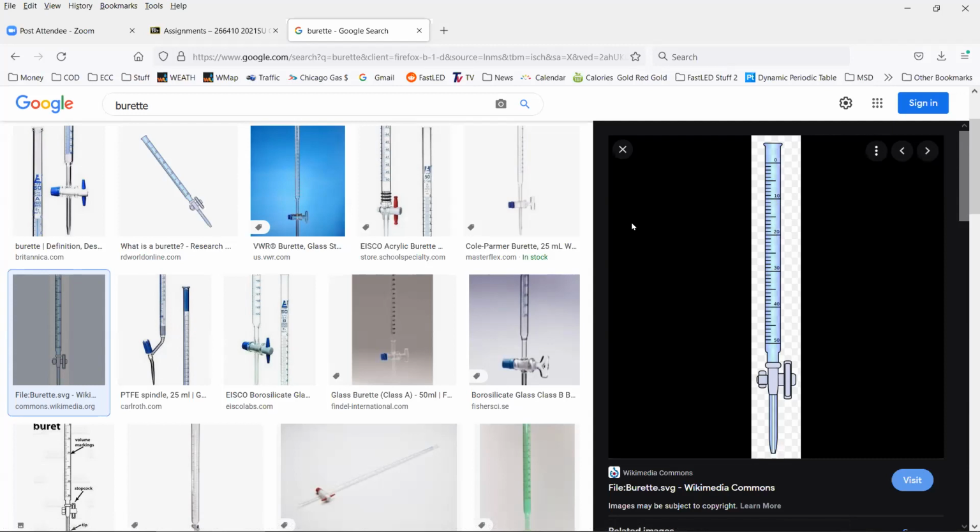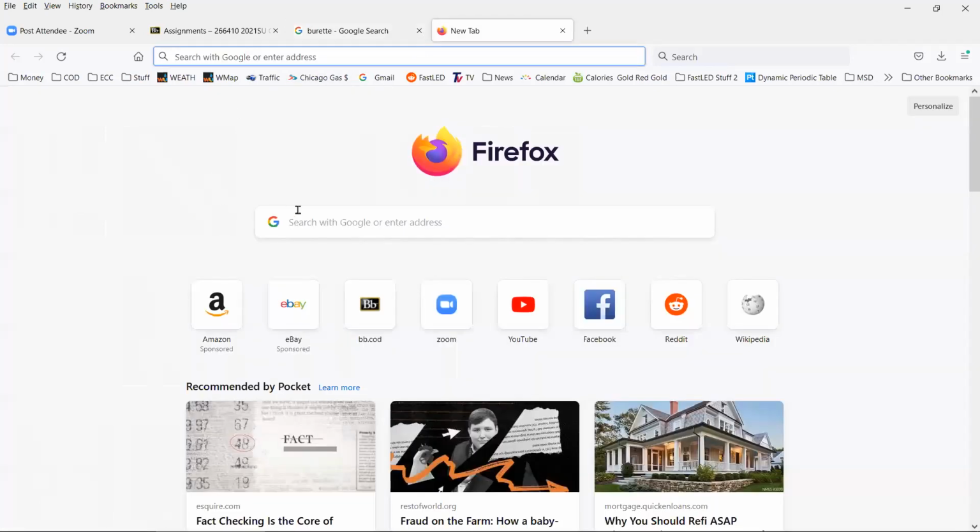Now, when I joined the company, they were using burettes, but from the previous company, which I found out about and used at this new company, let's see if I can find it.